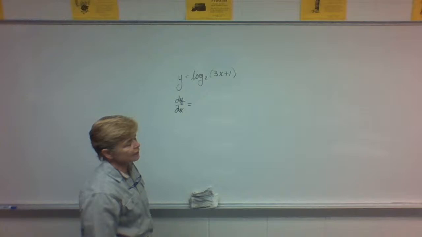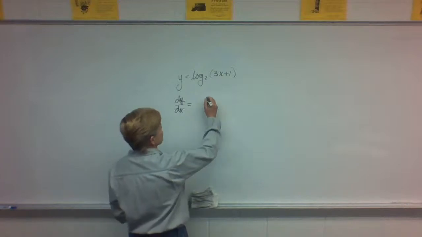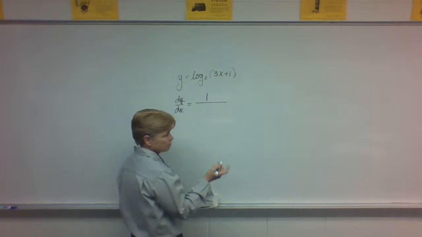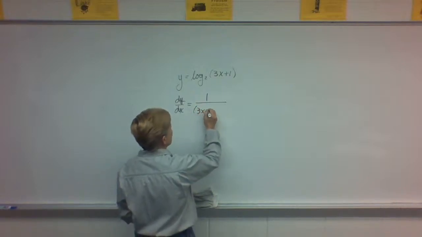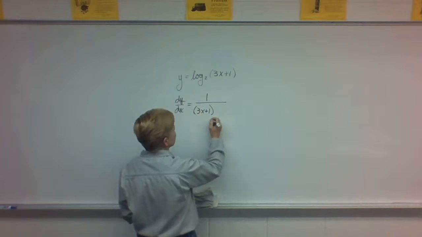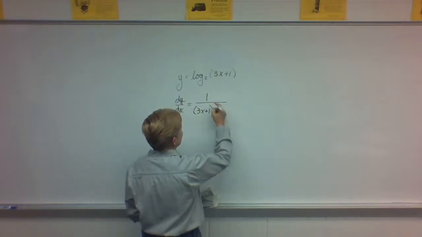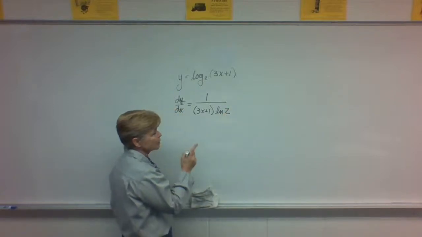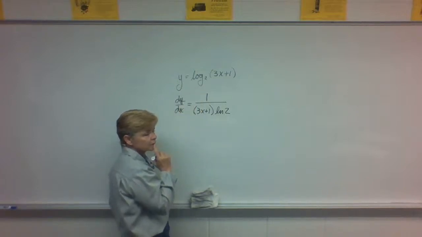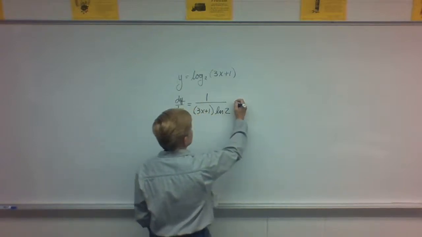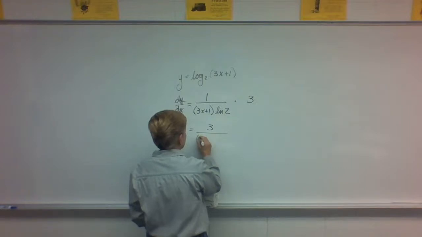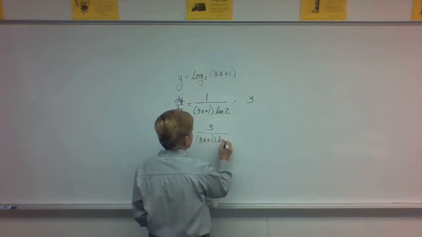How do you do it when it's not a natural log? It's 1 over what you're logging, right? Whether it's natural log or not, it's 1 over what you're logging. But when it's not natural log, you also have to take the natural log of the base, a, which is 2, and times the derivative of the other stuff, which is just 3. So we end up with 3 over (3x plus 1) times natural log of 2.